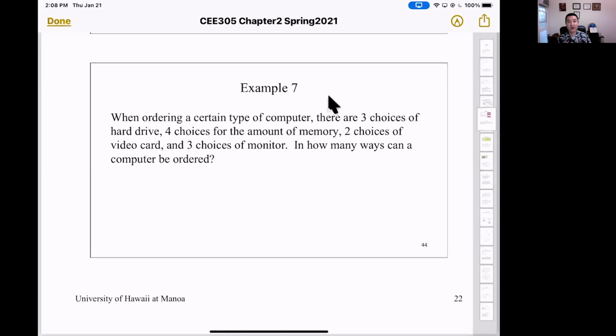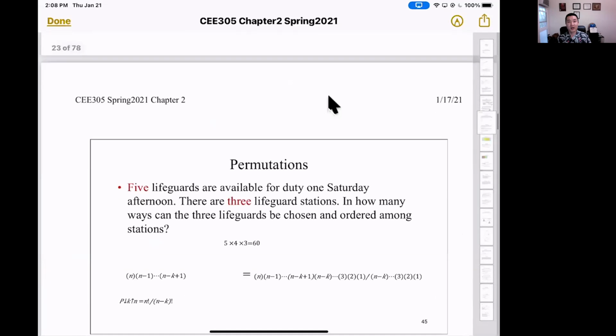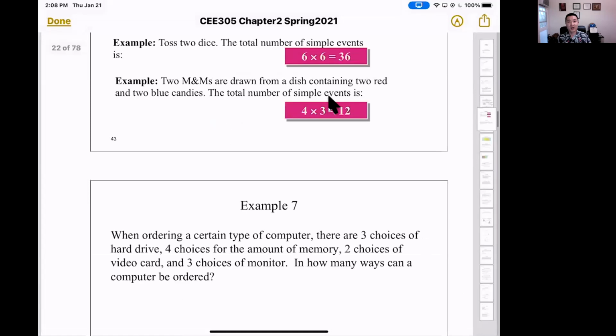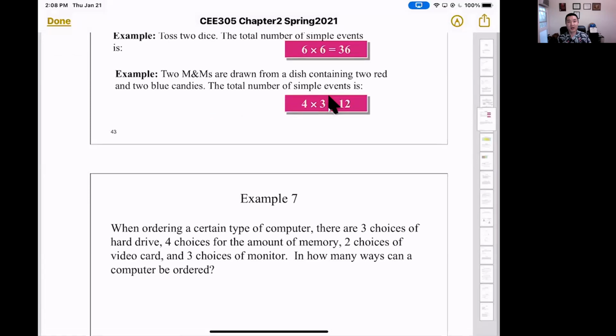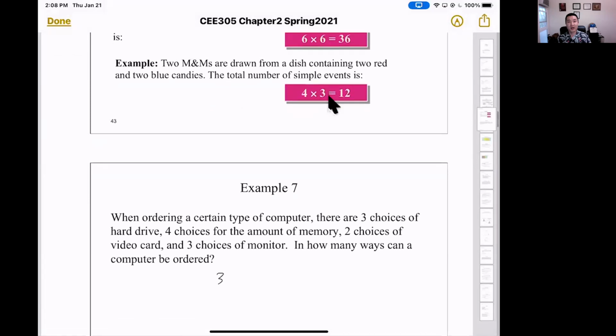So the first step we pick the hard drive. For the hard drive we have 3 choices. And then the second step we choose the memory. For the memory we have 4 choices. And so on, 2 choices of video card and 3 choices of monitor. So this is how many ways that computer can be ordered.